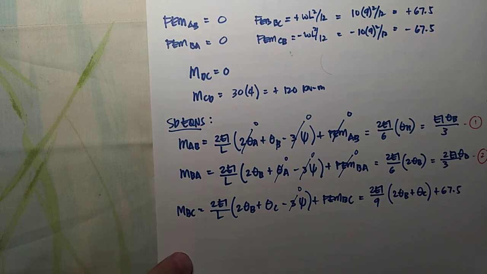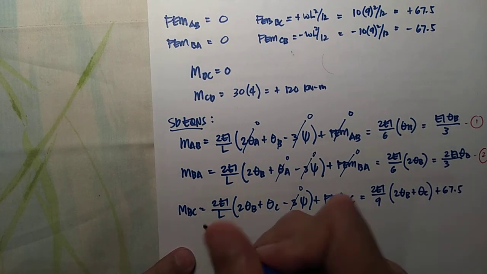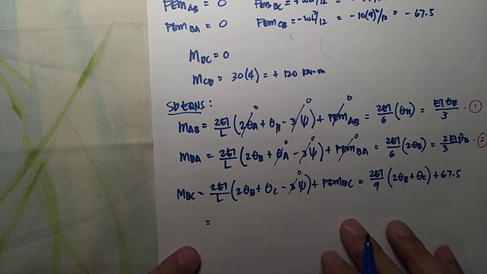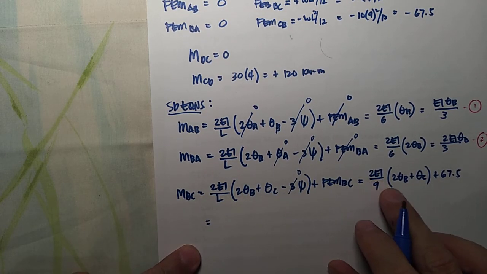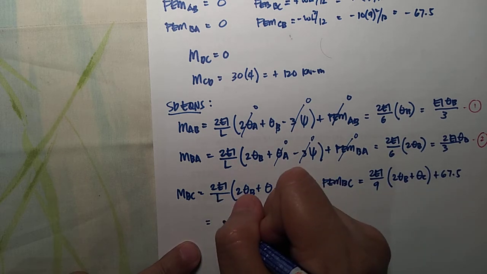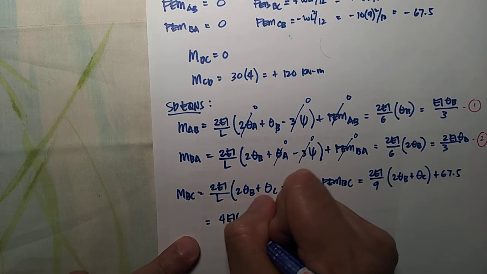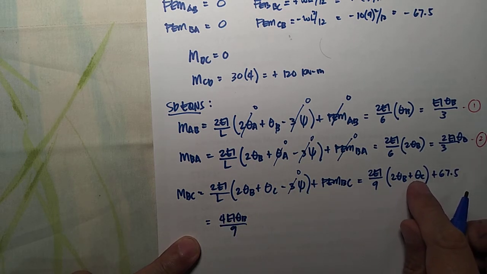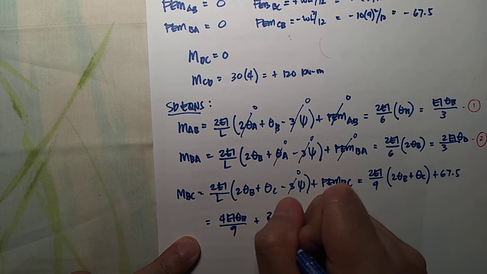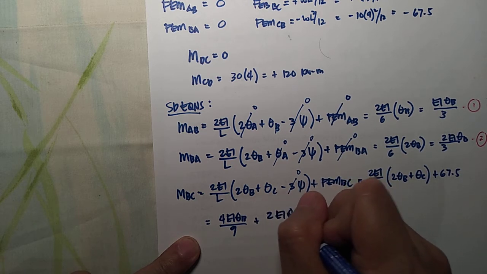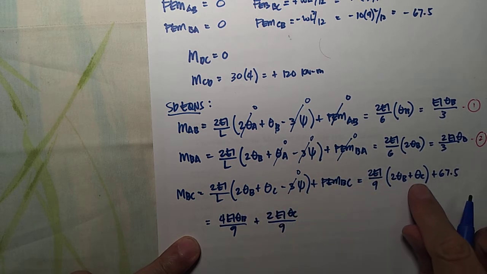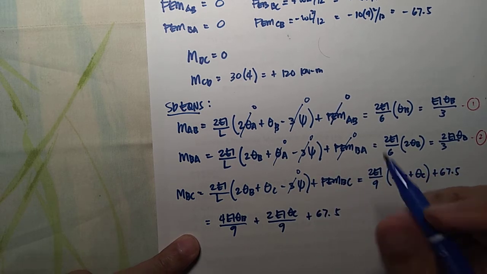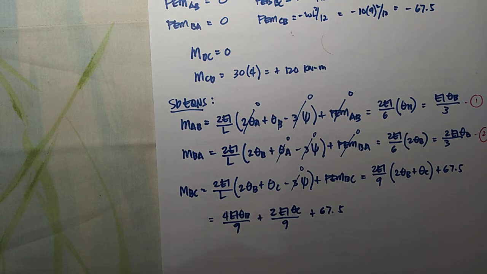Simplifying this, that's 4EI theta B over 9, and for theta C, 2EI theta C over 9, plus 67.5. That would be our third equation.